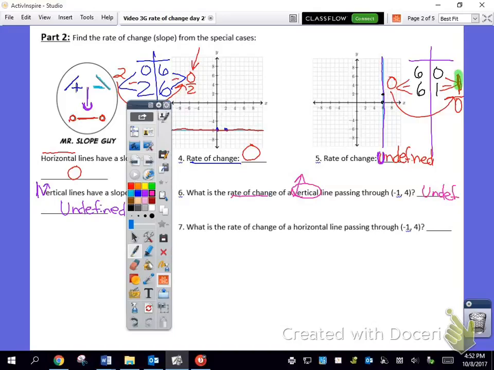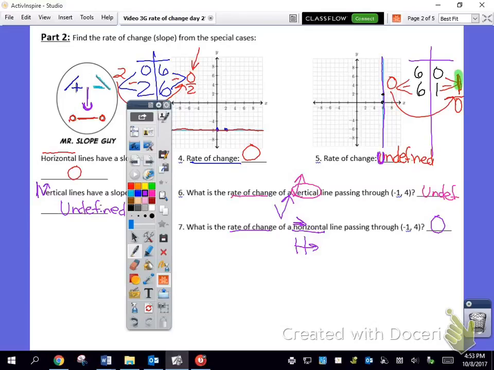Undefined. And if it's the rate of change for a horizontal line, remember the H in horizontal. Vertical goes up, horizontal goes straight across. A horizontal line going through (-1, 4), any horizontal line is always going to be a 0. So vertical and horizontal, you just have to remember that.